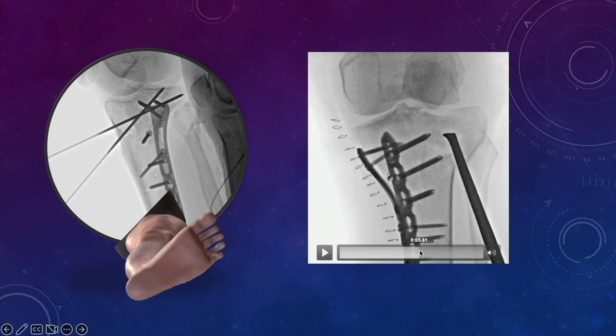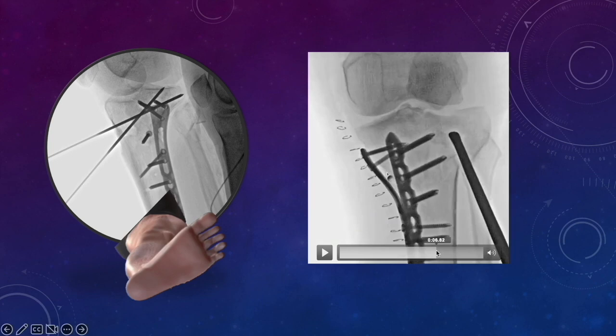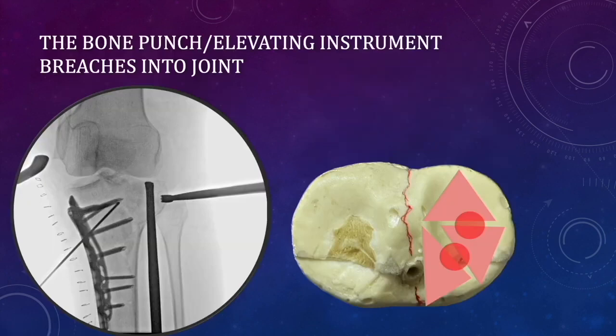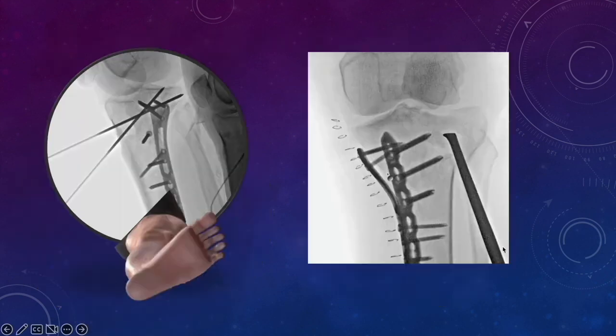That means we are not underneath the depressed fragment. A sudden loss of resistance whenever you are impacting means that you have entered somewhere near the fracture line. So always feel for the resistance and check the fluoroscopic views, the AP view and the oblique views which I have told you earlier, and keep your K-wires ready.